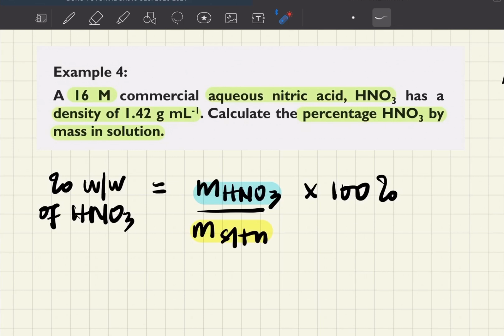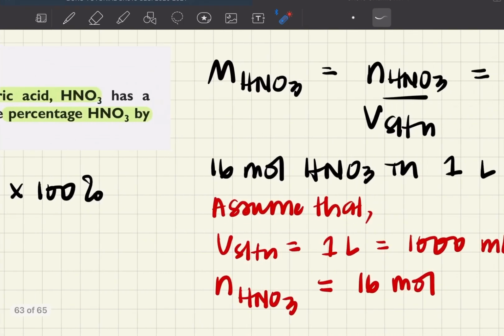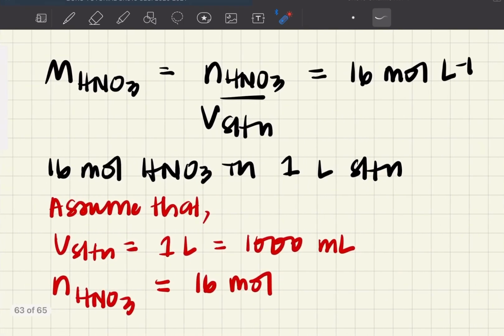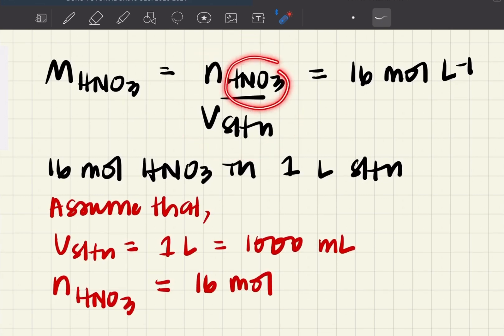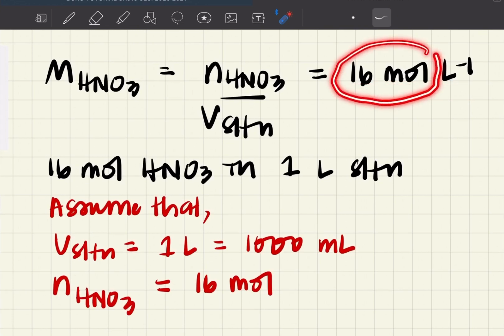The answer is, you're not really assuming, but you can say lah, assume lah juga. Since molarity formula dia macam ni, mole of solute, mole of nitric acid over volume of solution. This actually means that there is 16 moles of HNO3 in 1 liter of solution.